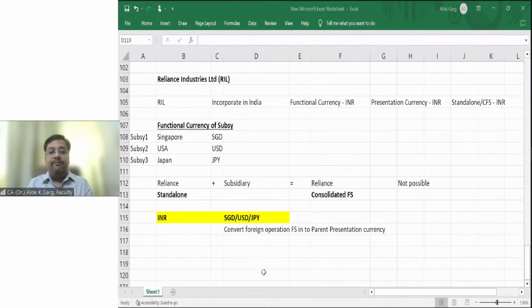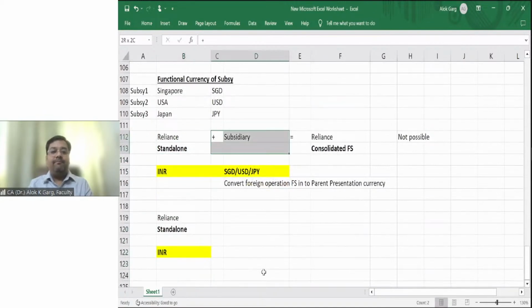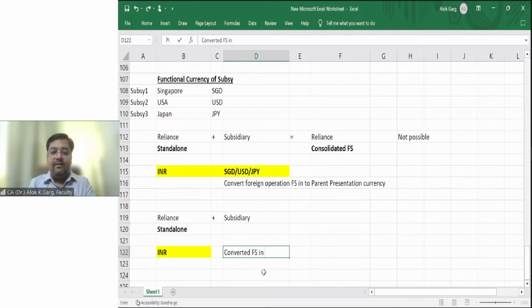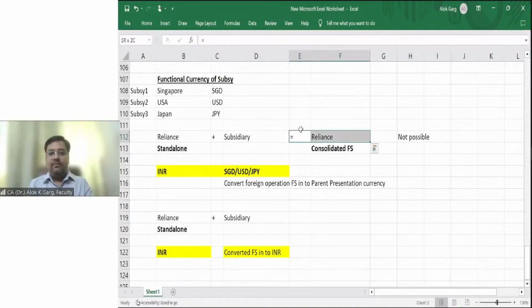If I were to say how to prepare consolidated financial statements: Reliance standalone in INR, plus the subsidiary's financial statements converted into INR. Those converted financial statements into INR will then become your Reliance consolidated financial statements, right?